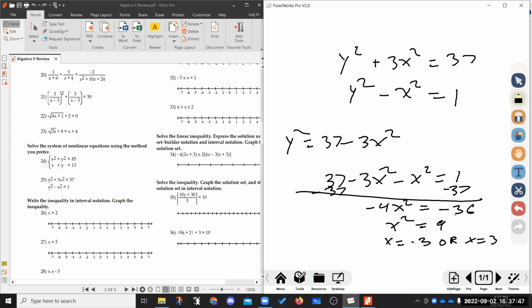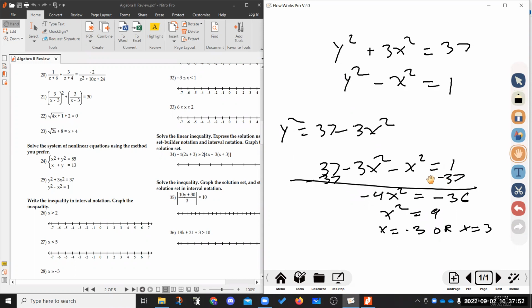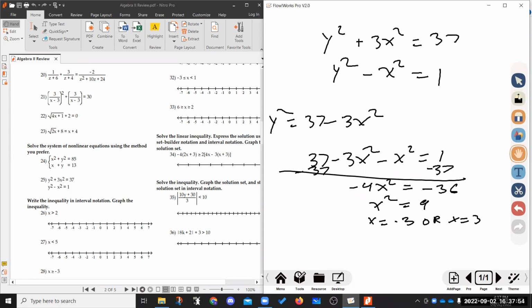When I do that, then we're going to come back to the first one and say y squared plus 3 times 9, which is 27, is going to be equal to 37. y squared is going to be equal to 10. y is going to be equal to -√10, or y is equal to +√10.